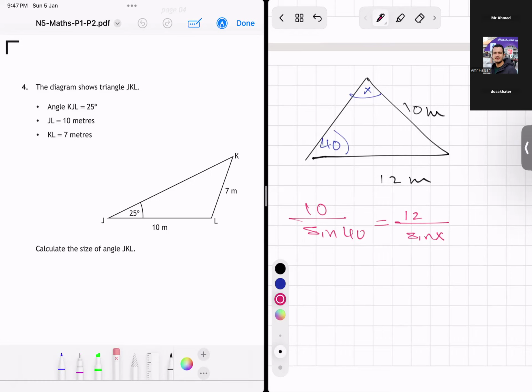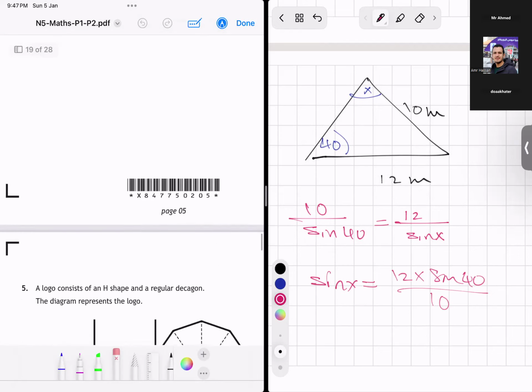X equals 12 sin 40 divided by 10. What is the answer? 77. Okay, so is this one clear for you? Yeah. Okay.